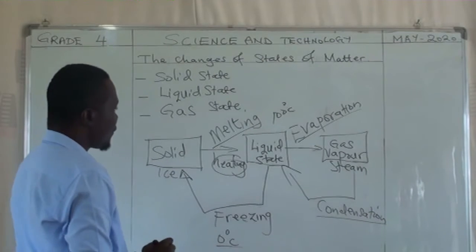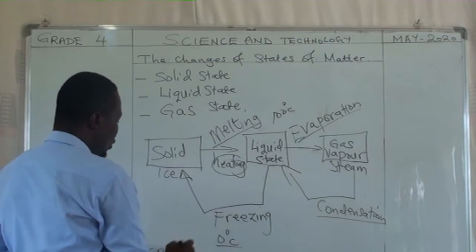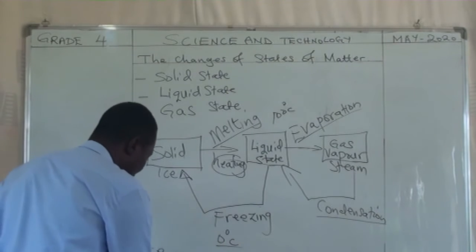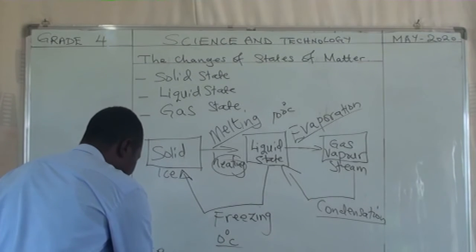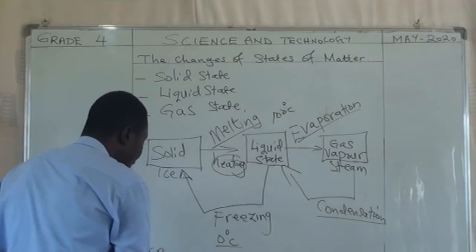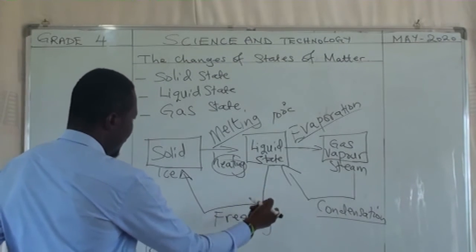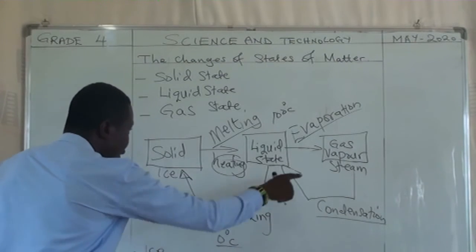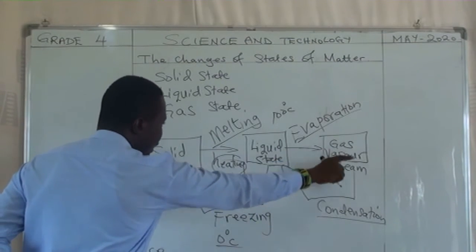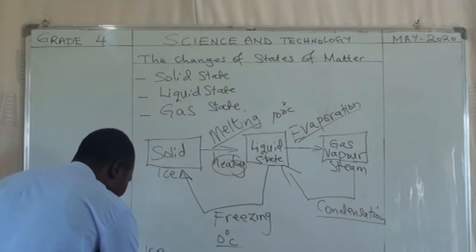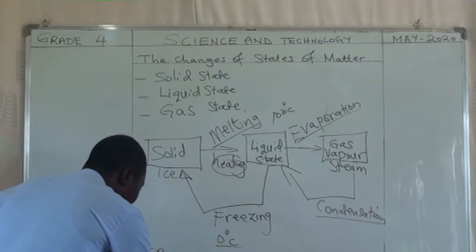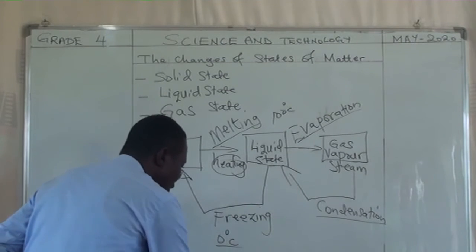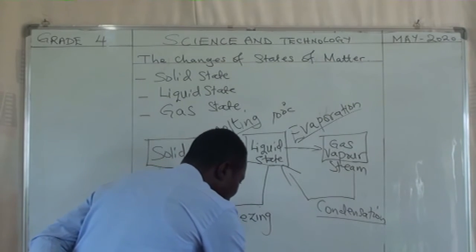Then we have ice changing into the liquid state, which is the normal water that we know. The last one is the gas, the gaseous state of water, which is known as water vapor. Another name for water vapor is steam.